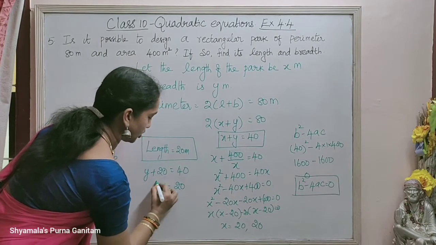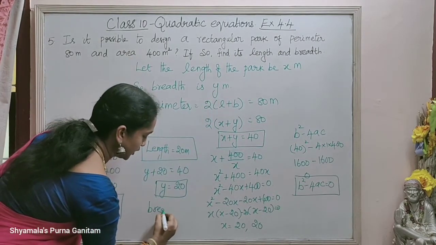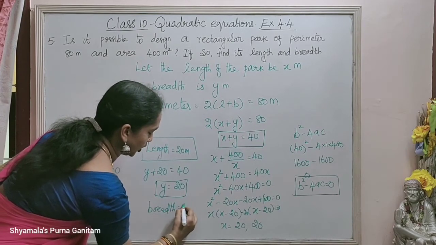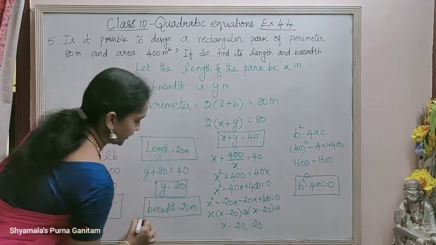So y is also 20. y is nothing but breadth, so the breadth is also 20 meters.